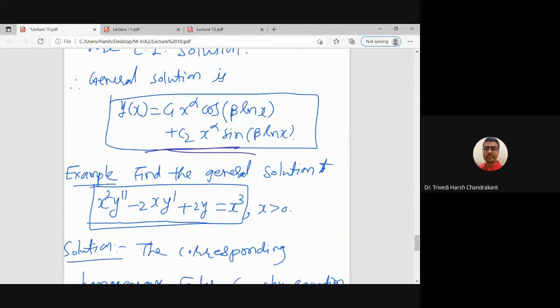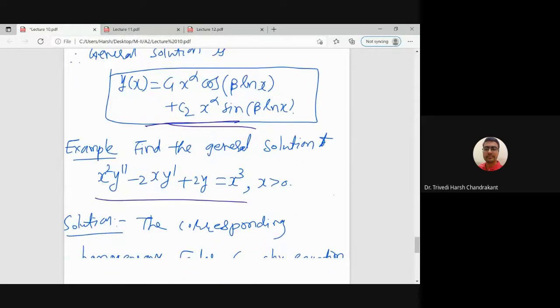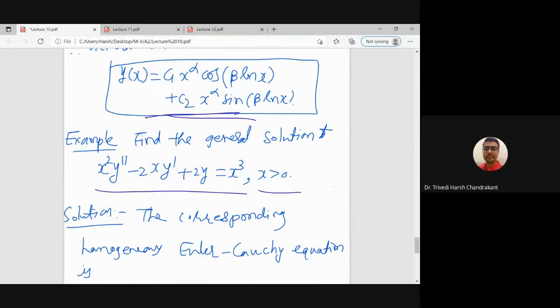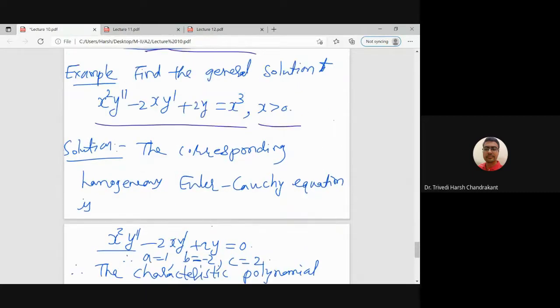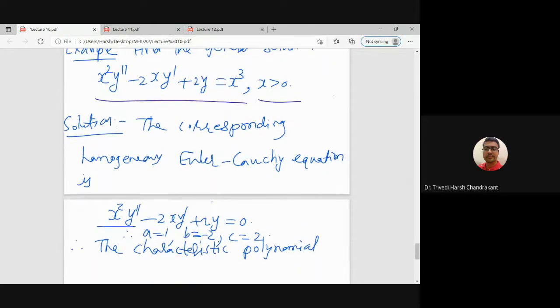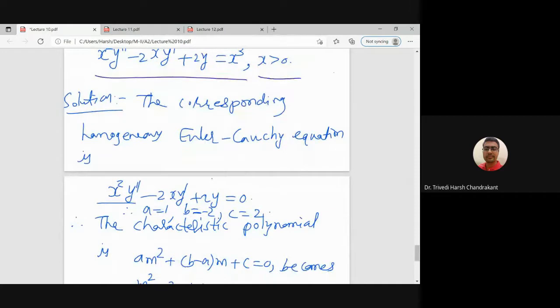Okay, so we started one example, that is x square y double dash minus 2xy dash plus 2y is equal to x power 3, and we want to solve it for x greater than 0. First we make it a homogeneous equation by considering the right hand side to be 0.